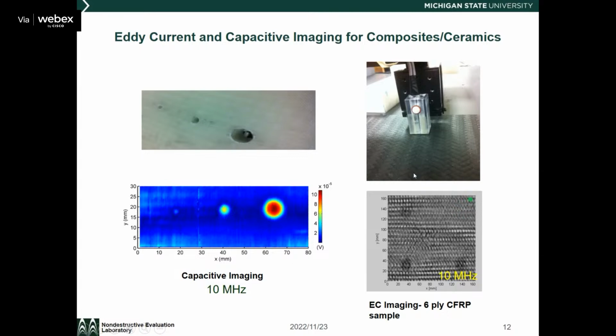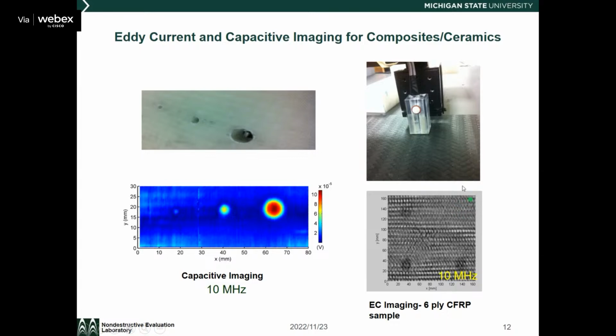Well, for CFRP, you can see the way they lay up this CFRP. This is a 45-degree, 135-degree layup there, and you can clearly see the pattern from the surface.